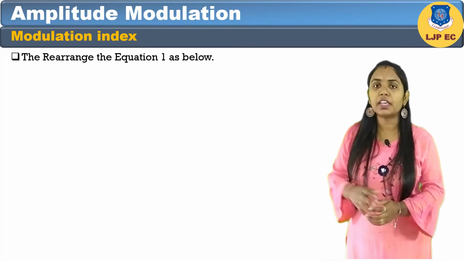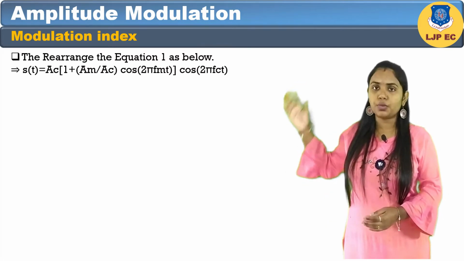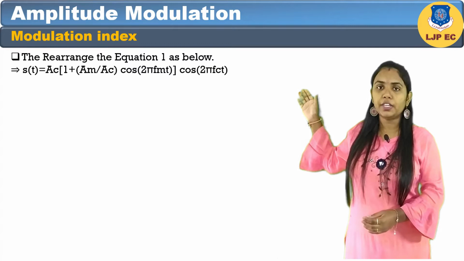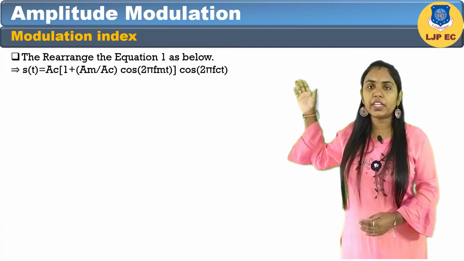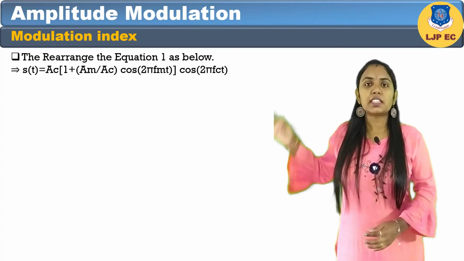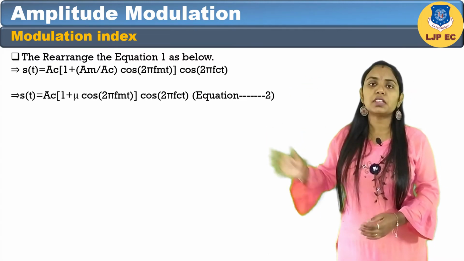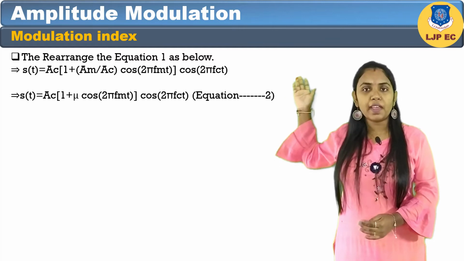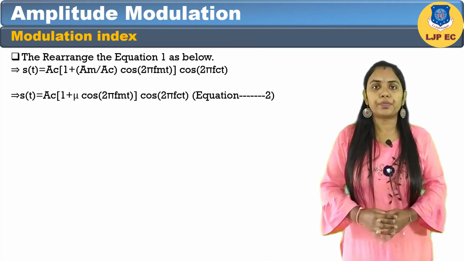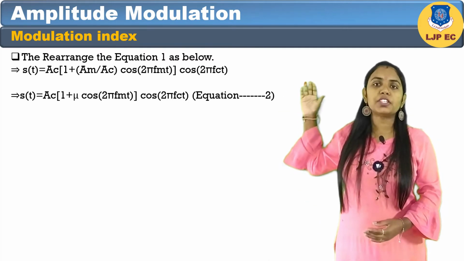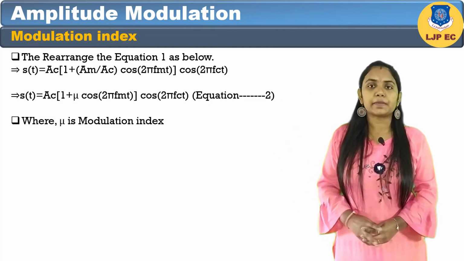Rearrange equation 1 as shown in the figure. s(t) = Ac (1 + (Am/Ac) cos 2π fm t) cos 2π fc t, that is s(t) = Ac (1 + μ cos 2π fm t) cos 2π fc t, equation number 2, where μ is the modulation index and it is equal to the ratio of Am and Ac.